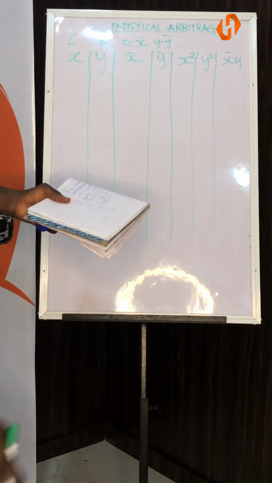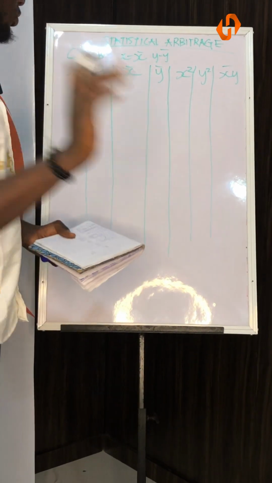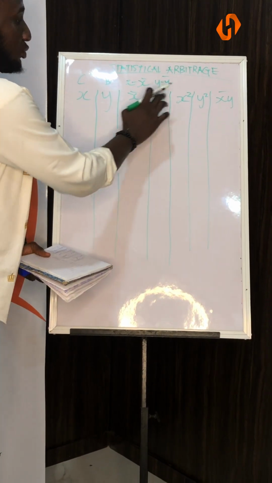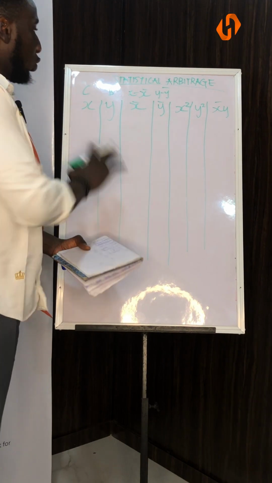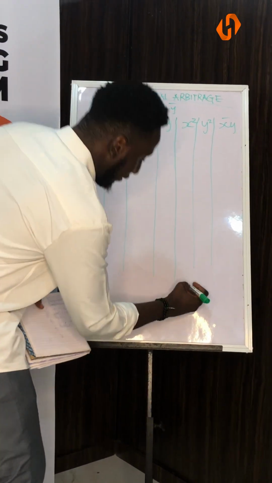Now I'm going to show you the simple steps to calculate the individual values. The first thing I'm going to do is to input the values.